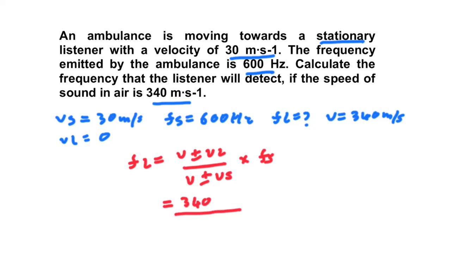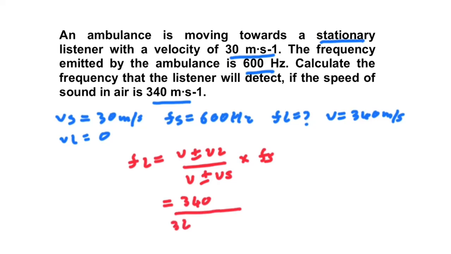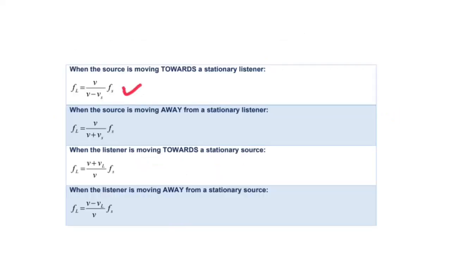Everything divided by V, the speed of sound in air, 340, plus or minus the velocity of the sound source, the ambulance. The ambulance is moving towards the stationary listener with a velocity of 30 meters per second. So we're going to have minus 30. We're supposed to have plus or minus VS, and because it's moving towards, we have minus. You can see here in our first scenario that if we have a source that is moving towards the stationary listener, we have minus VS in the denominator. Let's carry on.